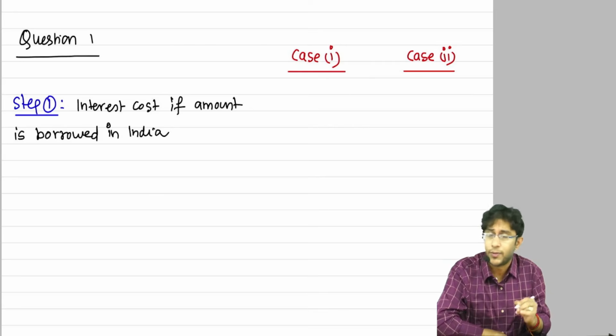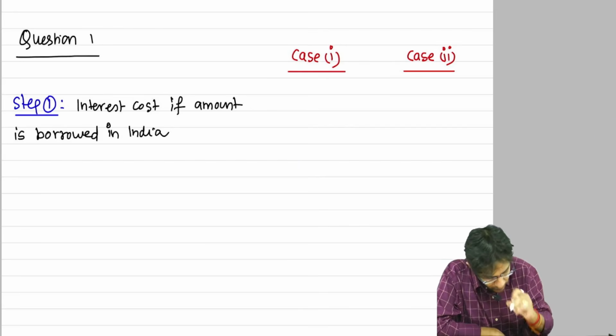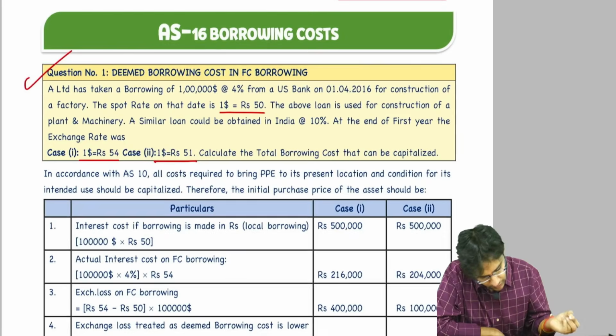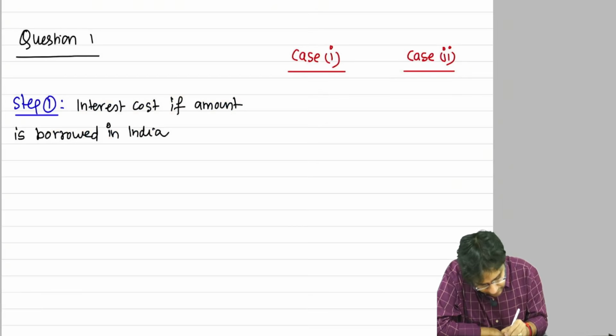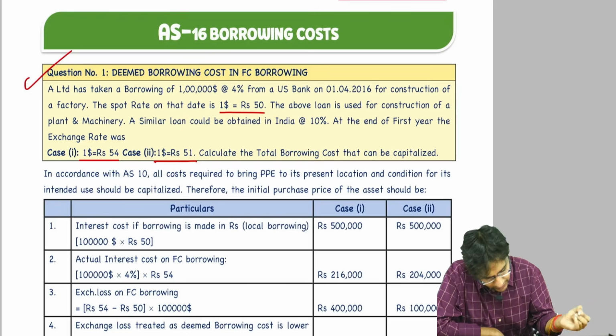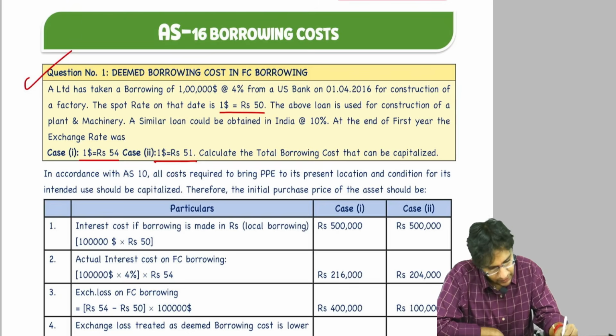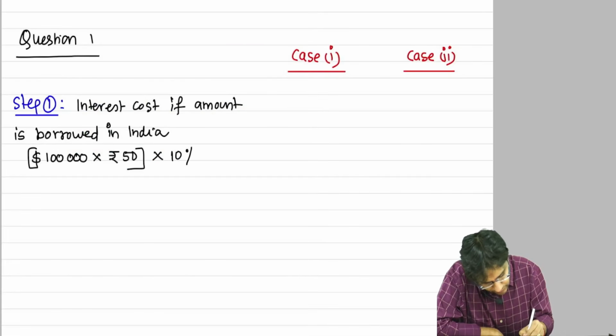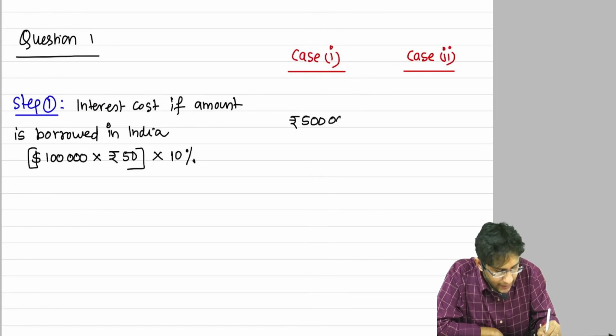Had you borrowed this money in India, $1 lakh into 50 rupees, so 50 lakh rupees. Had you borrowed in India, India's interest rate is given as 10%. So you would have nicely capitalized an amount of 5 lakhs.